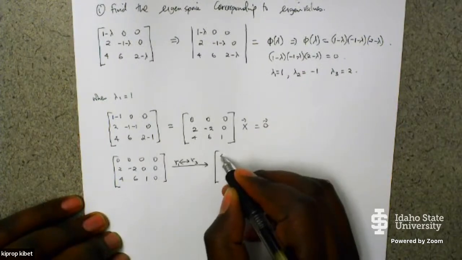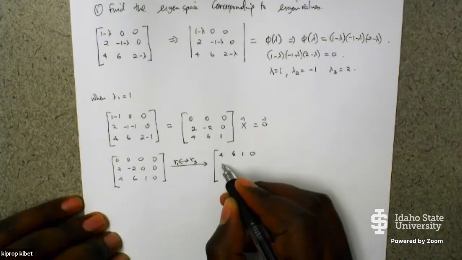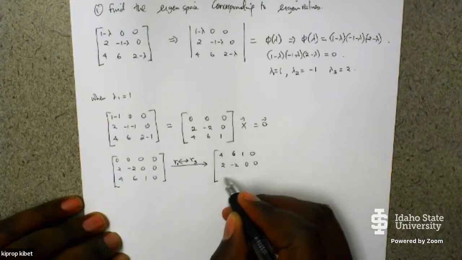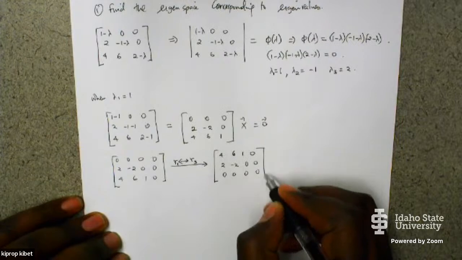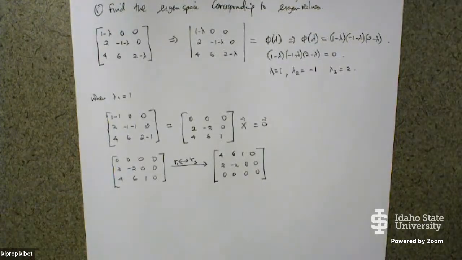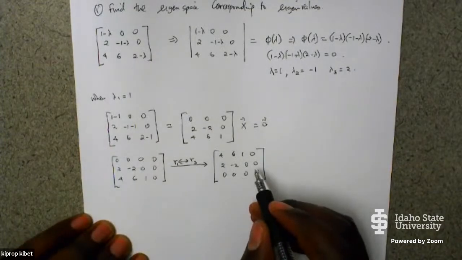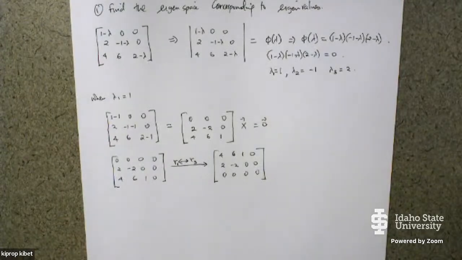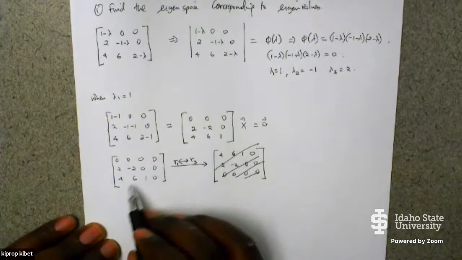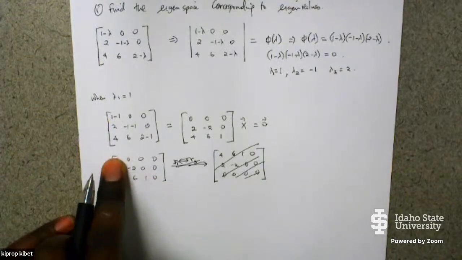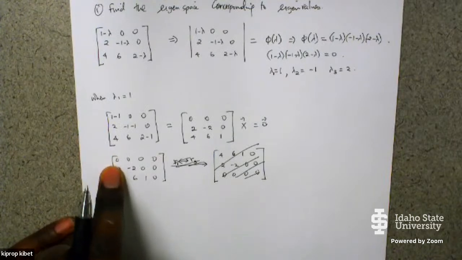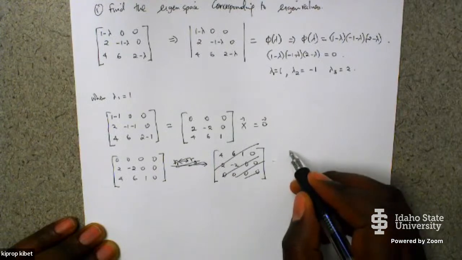Actually, we could just switch so that the last one goes down there and the rest move up.